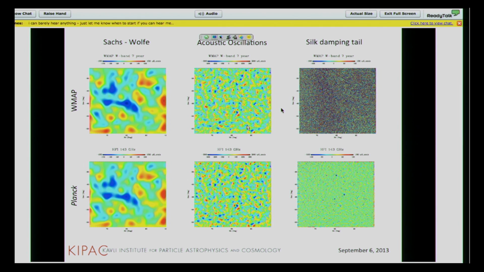What you can see is that most of the power is on the larger scales, and the signal to noise on the large-scale fluctuations is not limited by instrumental noise for either WMAP or Planck. The same is true to a lesser degree of the degree scale fluctuations. But once you get into the damping tail, below the resolution at which WMAP has any sensitivity, that's really where the new power of Planck to constrain inflationary models has come from.